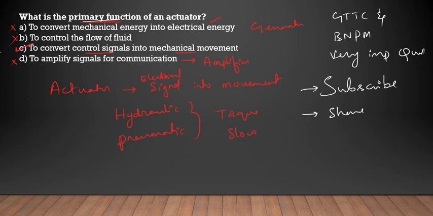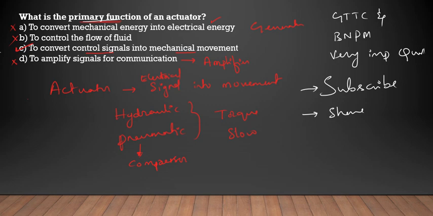For hydraulic and pneumatic actuators, we need to maintain a certain pressure in the pipeline to make it open and close. This is done by compressors, which are much costlier, and the system becomes too complicated. So the simplest system, where the maximum number of actuators will be used, is electric actuators.